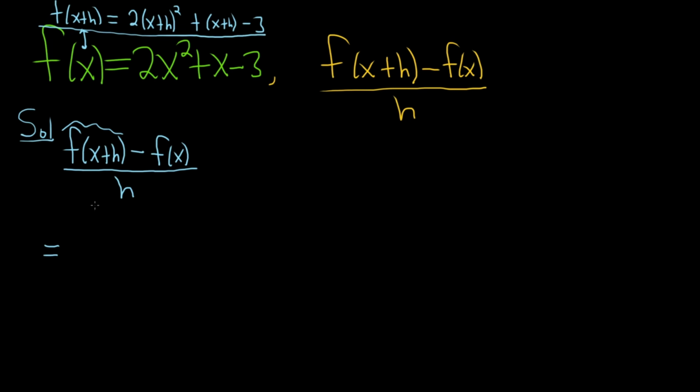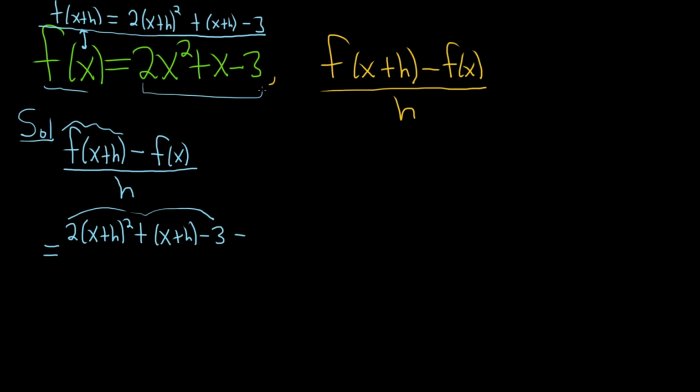So I'm going to write it down here in the problem. 2 times (x plus h) squared plus (x plus h) minus 3. So we've only written down this piece here, which is f of x plus h. Then we have the minus, and then f of x. Well, what's f of x? That's what's given in the problem.